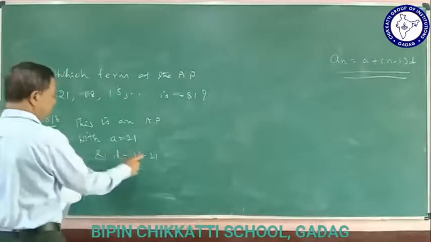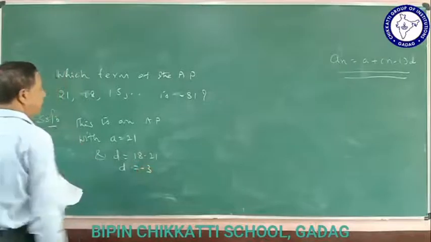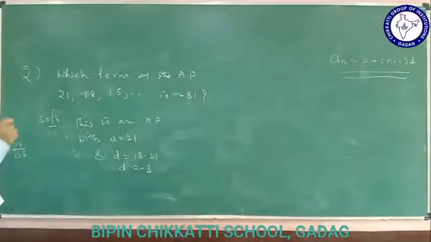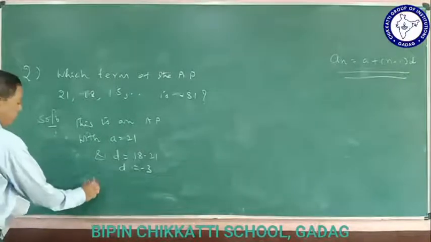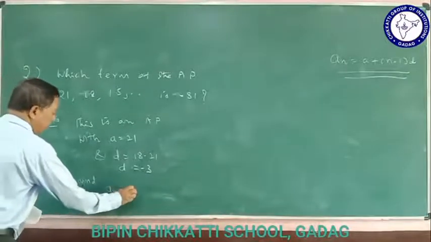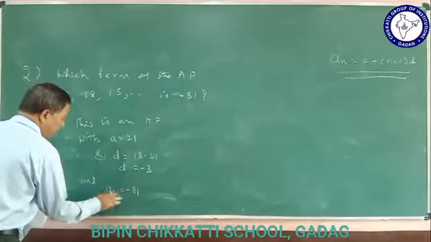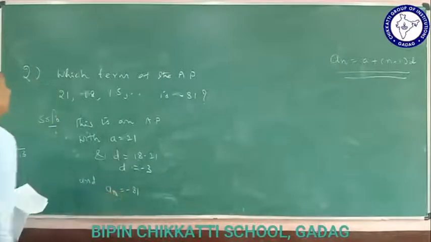Here 18 minus 21 means minus 3. And you are asked which term of the AP is given. Which term means the last term L is given, An is given, and An is equal to minus 81, and you have to calculate this n. Which term?